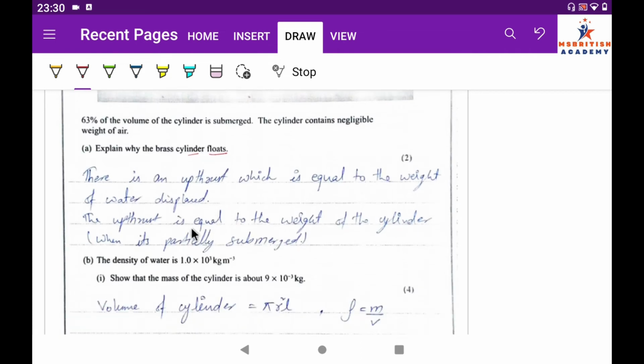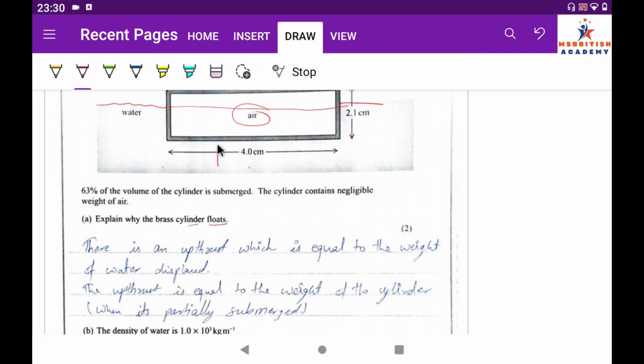There is an upthrust which is equal to the weight of water. Water will make an equal upthrust as the weight of this brass cylinder, the weight of the water displaced.